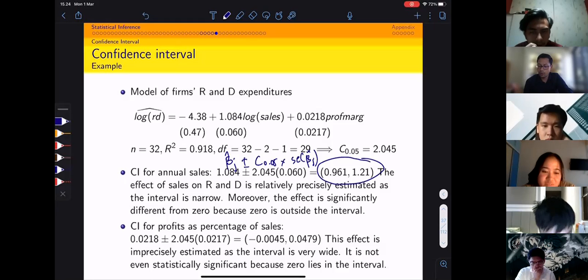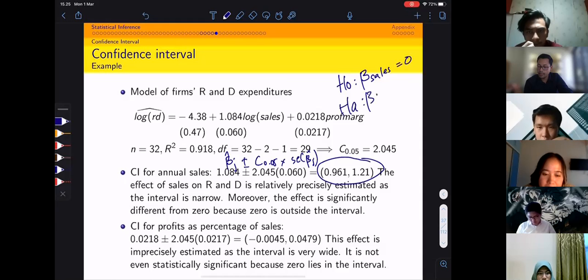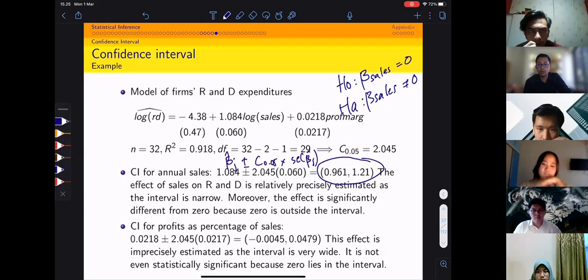So again, we want to test that beta sales is equal to 0, and beta sales is not equal to 0. Now the question is whether 0 is included in the interval, yes or no? No. So 0 is actually outside of the interval. And since 0 is outside of the interval, what can we conclude?